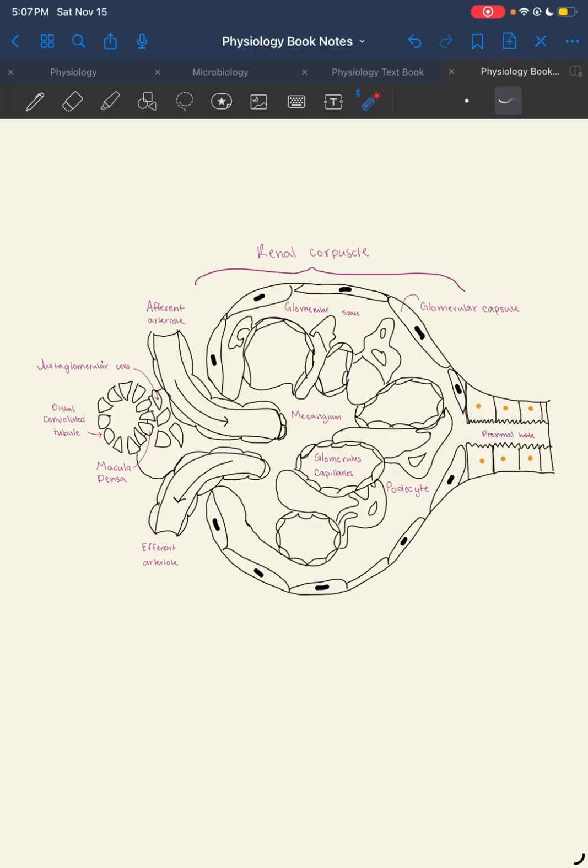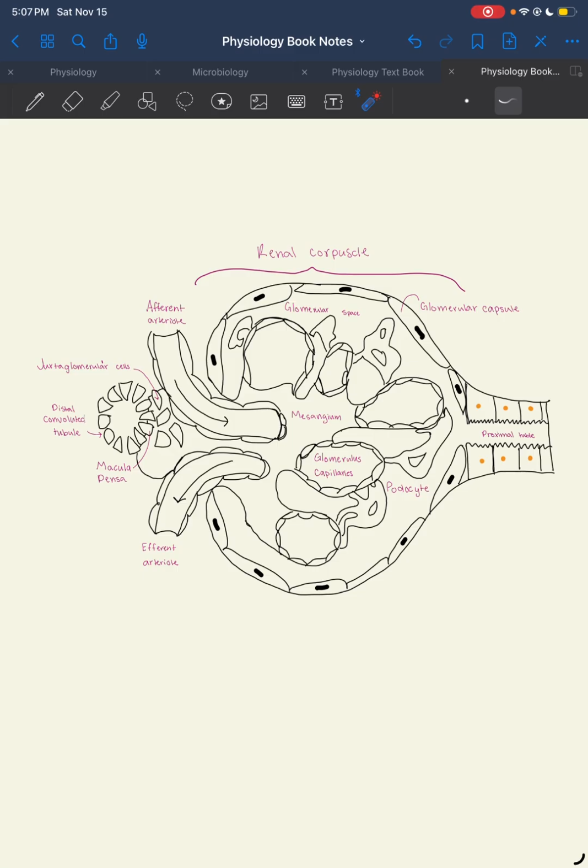Filtration is driven by several pressures. The main force pushing fluid out is the glomerular hydrostatic pressure, which is about 55. There are two opposing forces: the capsular hydrostatic pressure, which is about 15, and the blood colloid osmotic pressure, which is about 30.